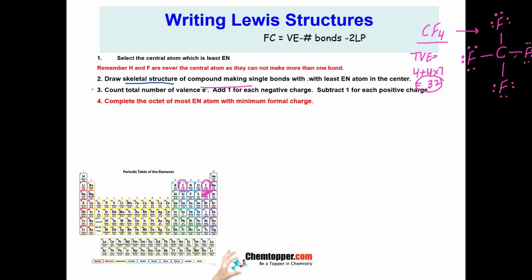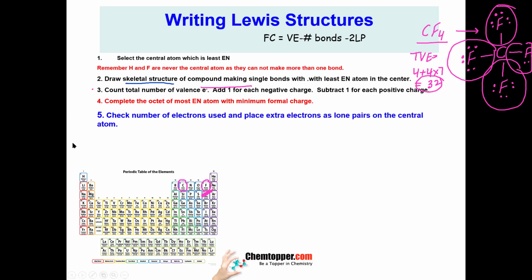And then check how many are used, how many are left. Check, this is 8, this is 8, this is 8, this is 8. So how many are used, how many are left? All 32 are used. Is anything left for carbon? No.